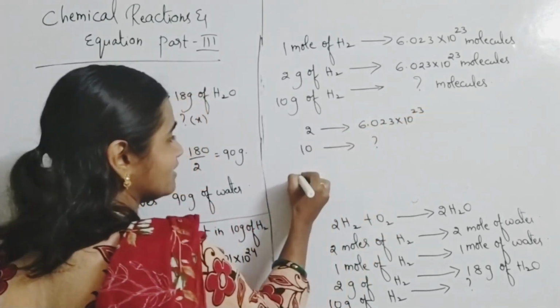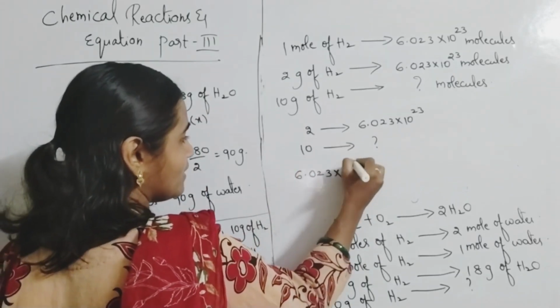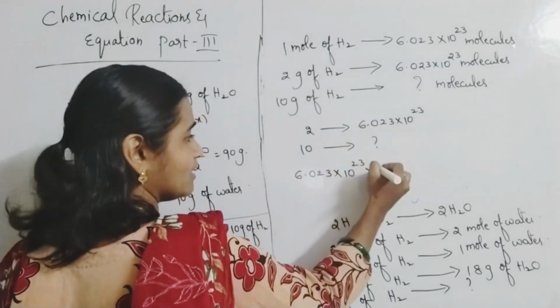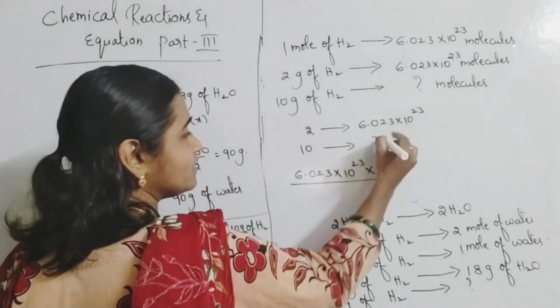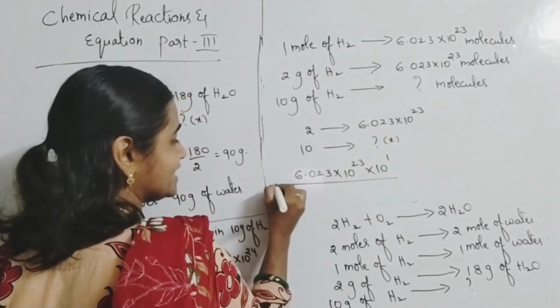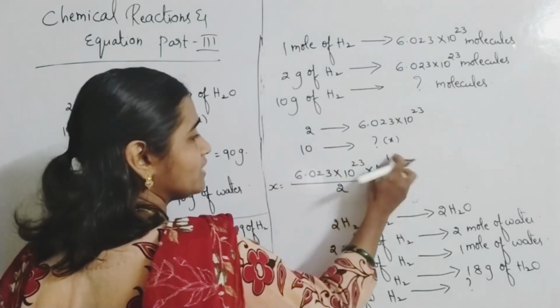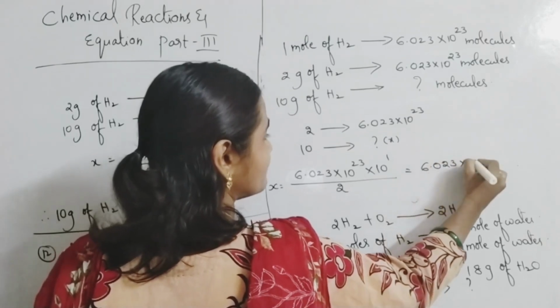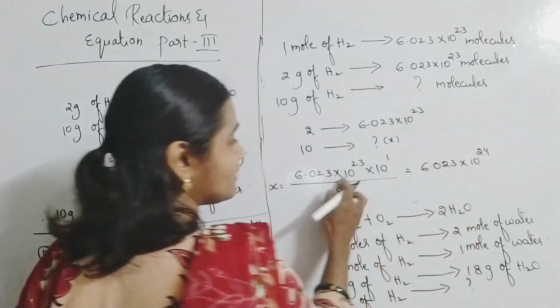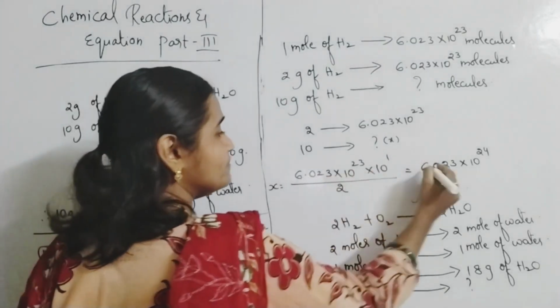So cross multiply: 6.023 into 10 power 23 into 10, where 10 you can write as 10 power 1, and divide by 2. Let us take it as x. So 10 power 23 into 10 power 1 becomes 10 power 24.